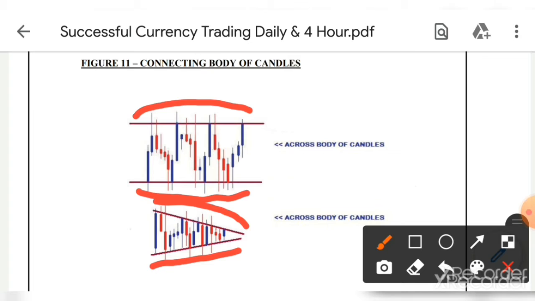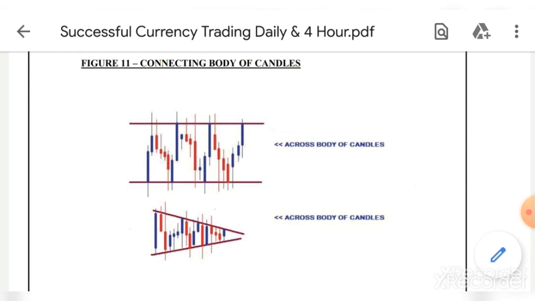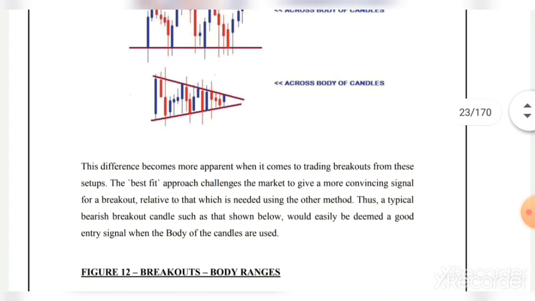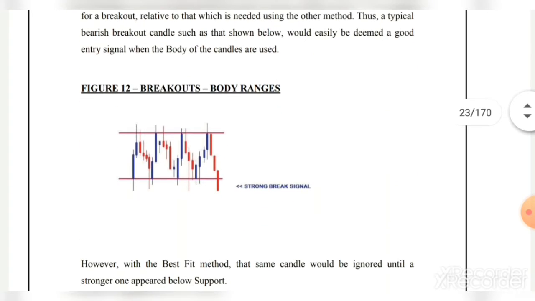Now, I'm not exactly sure, but I believe that the reason is that they place very little emphasis on these wicks and place more emphasis on the bodies of the candles, and their belief is that this is more representative of the price action and the sideways movement that is taking place in the currency pair. However, by using this technique, you actually face the situation in which you can be caught out by the common market trap of false consolidation breakout reversals.